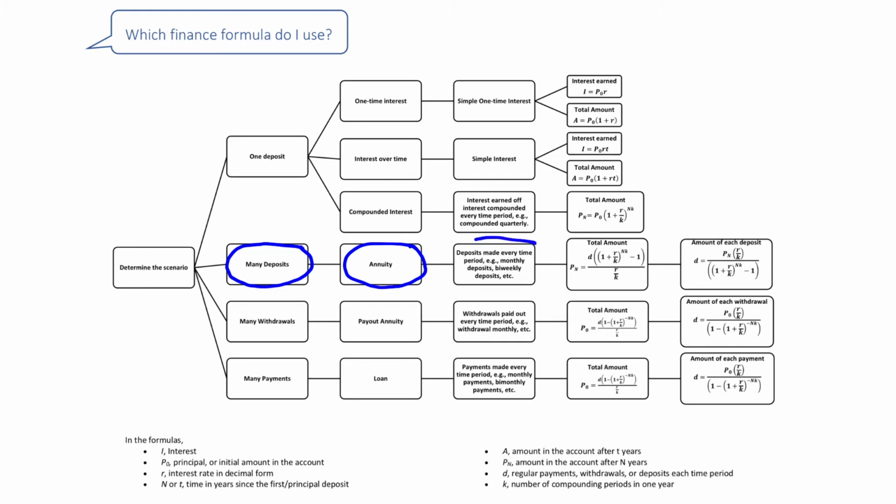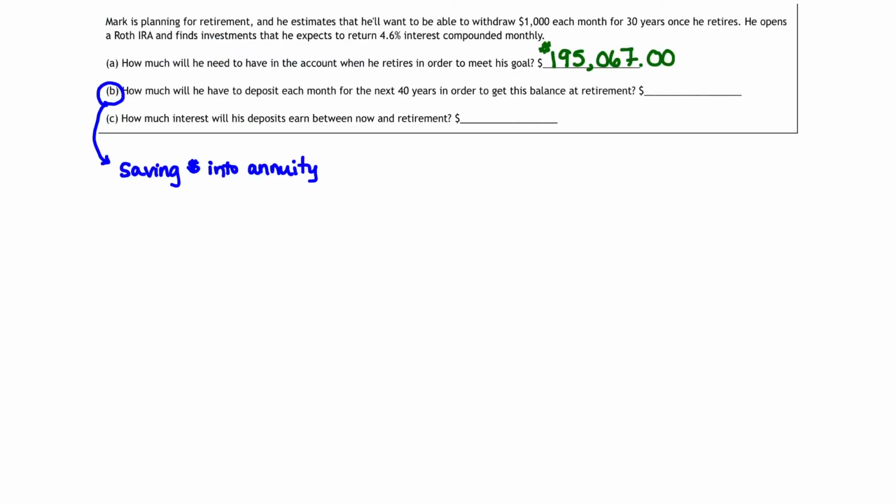Those deposits are going to be made periodically, and there's two particular formulas that we need: the total amount in the account and the amount of each deposit. Now, which one are we specifically looking for? If we go back and look at our problem, we are looking for how much will he have to deposit each month. So we are looking for the monthly deposits.